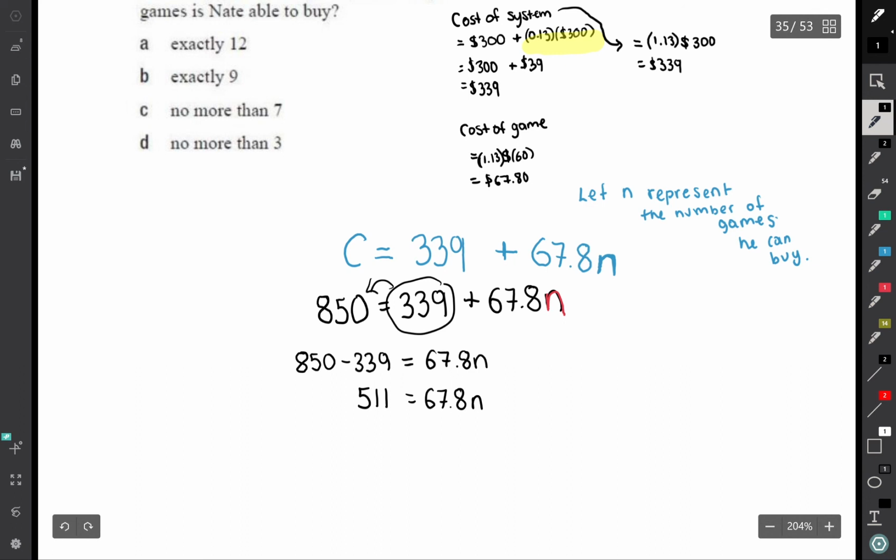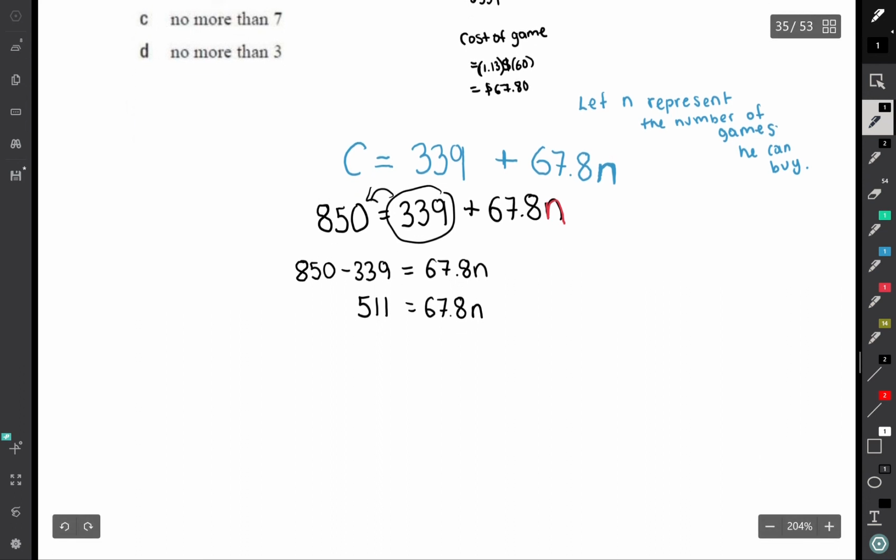And then finally, we're going to divide both sides of our equation by 67.8. That gets n to be all alone. We're going to end up with 7.53.